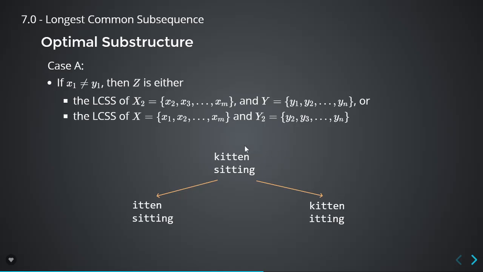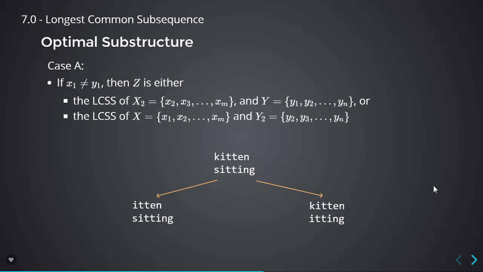Z is like the optimal solution of this kitten and sitting. All right. So how do we show that this has optimal substructure? Well, we claim that Z must also be the optimal solution to either this subproblem here or that subproblem there. It's got to be one of them. We pick one, which is the best. We find the maximum of these two.